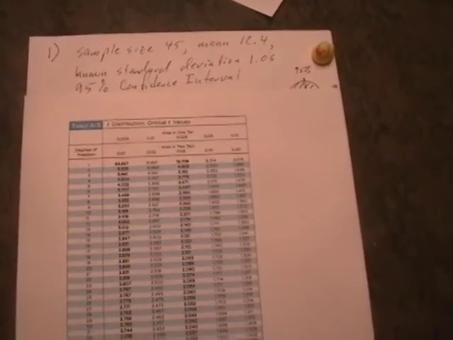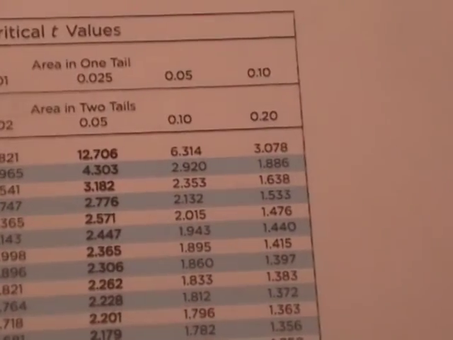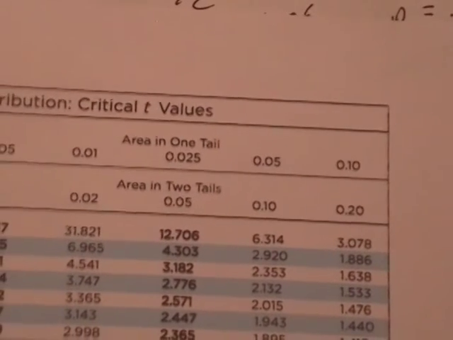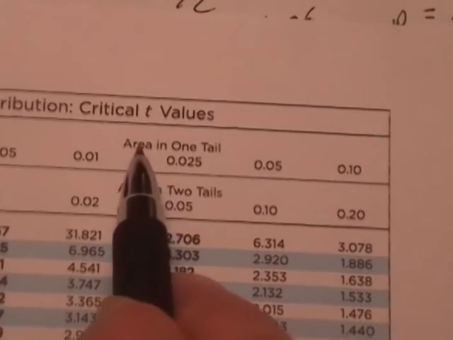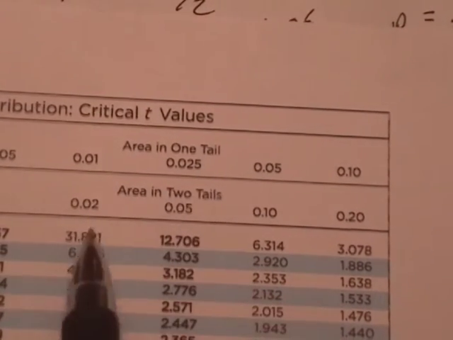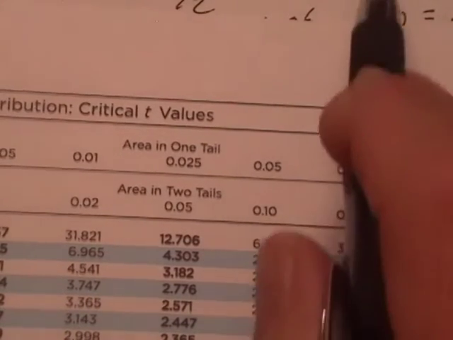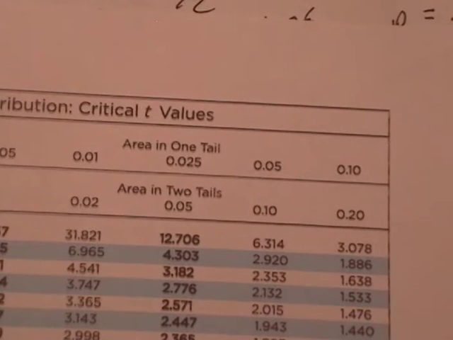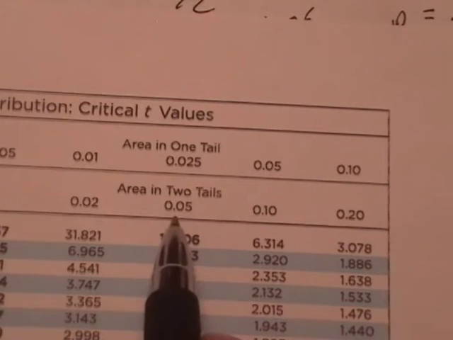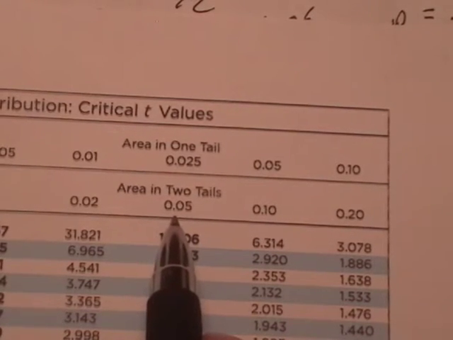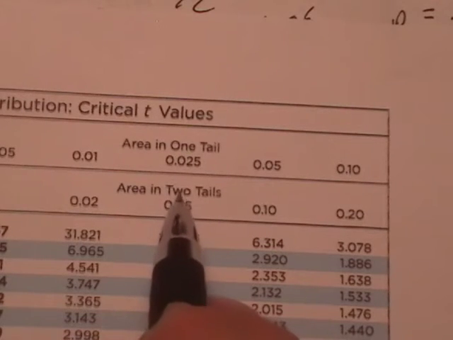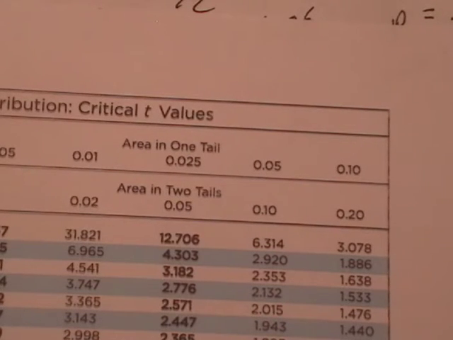If you look at the header, you can see that the header is set up so you can look at area in one tail or area in 2 tails. We're interested in the area in 2 tails. The area in the 2 tails is going to add up to 0.05, so we're interested in this column.